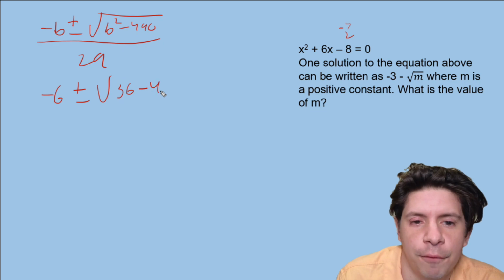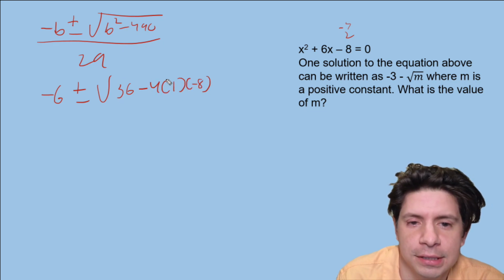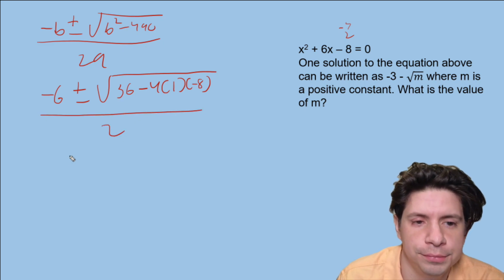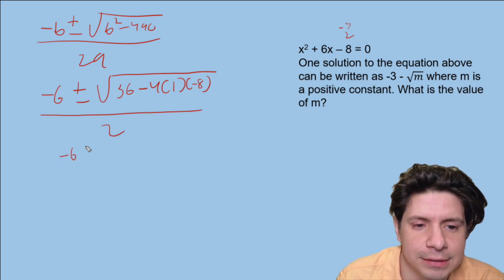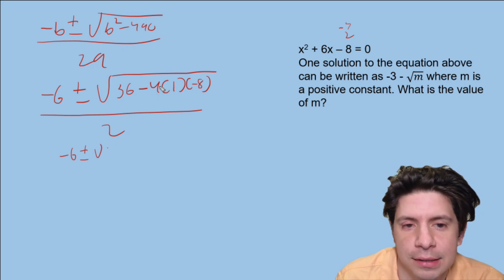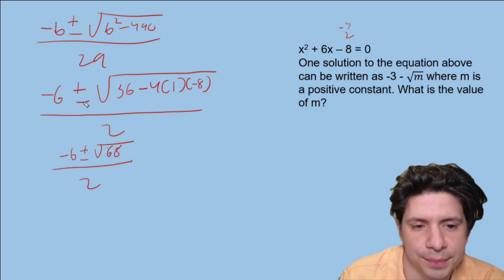36 minus 4 times 1 for the a times negative 8 for the c, right, because we carry the sign over, all over 2. That's going to get us negative 6 plus or minus square root of 36 minus negative 4, that's going to be plus 32, so it's going to be 68 rooted all over 2.